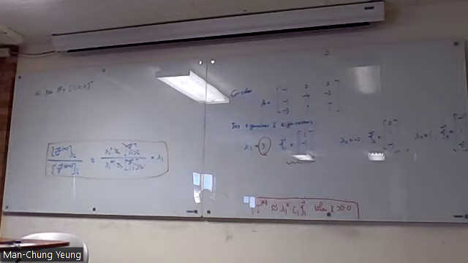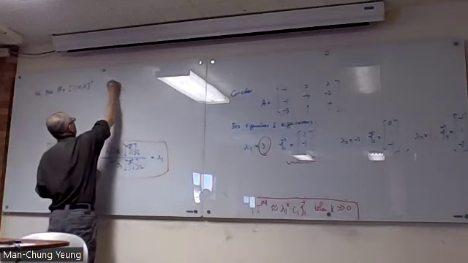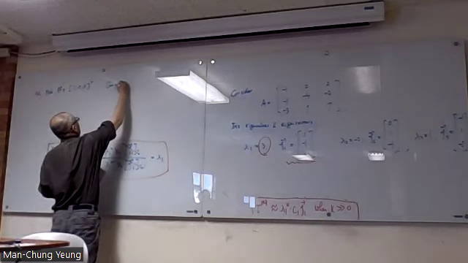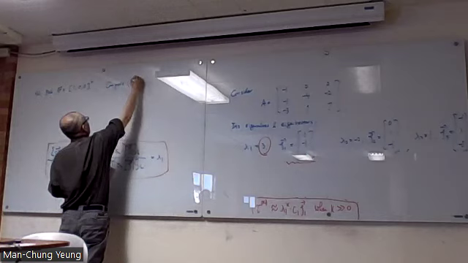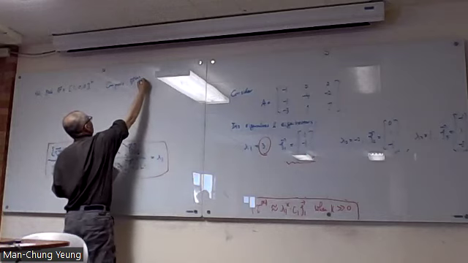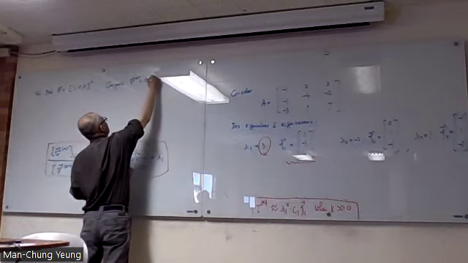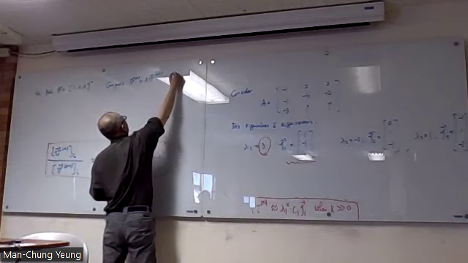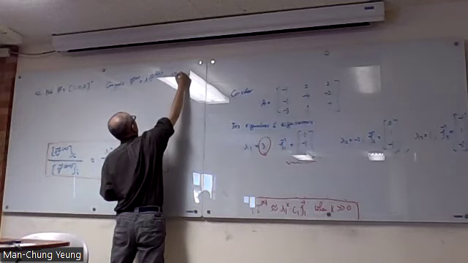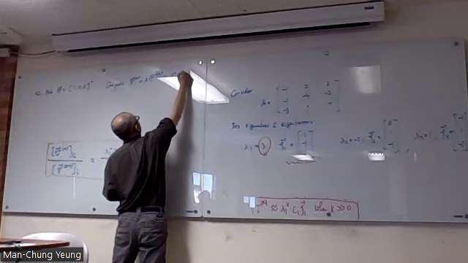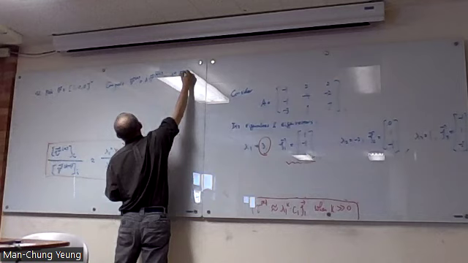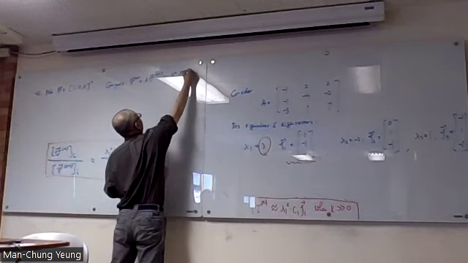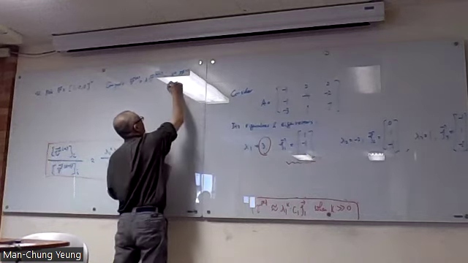Now run the power method. Now compare v_k. What is v_k? It is A times v_{k-1}. Actually, this is v_k, A to the k times v_0, where v_0 is equal to v.